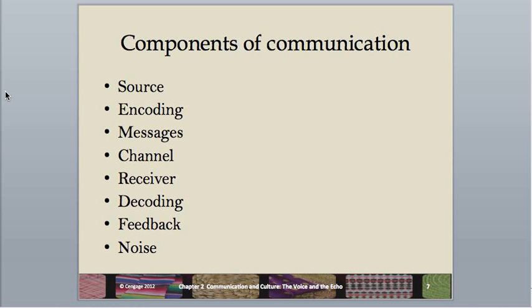Now, these are elements that you've probably seen in other books, and there's a myriad of different models that can show you this graphically. But there's a source. Where is it coming from? Well, the source is the sender, and they will encode the message or make it understandable given who the receiver of the message is.